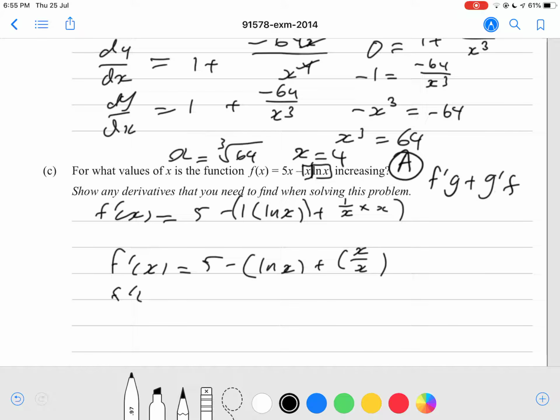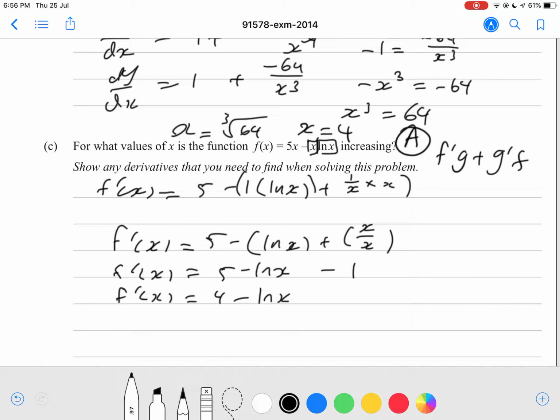Okay, so f dash of x equals 5 minus ln of x minus 1. Okay, so this negative here makes everything inside the brackets negative. So if we simplify this, f dash of x equals 4, sorry, it's just ln of x there. Okay, so 4 minus ln of x.